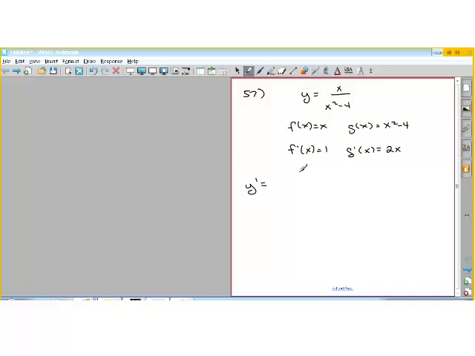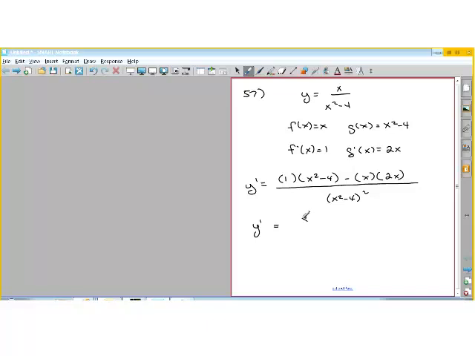So the quotient rule says we take 1 times x squared minus 4 minus x times 2x, all divided by x squared minus 4 quantity squared.